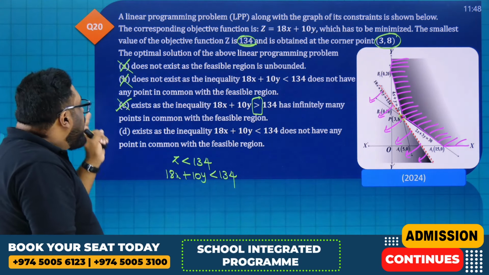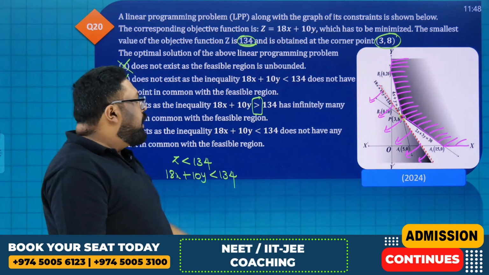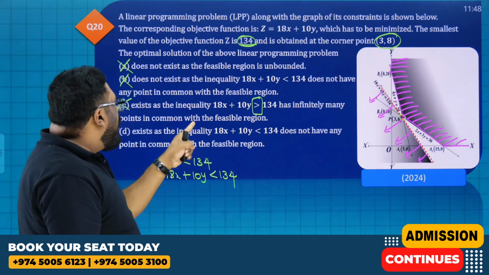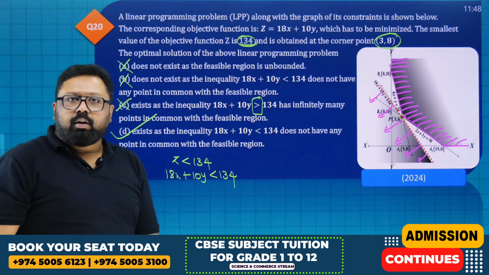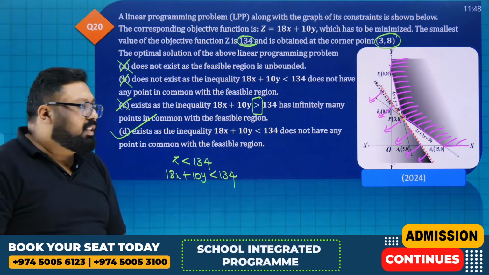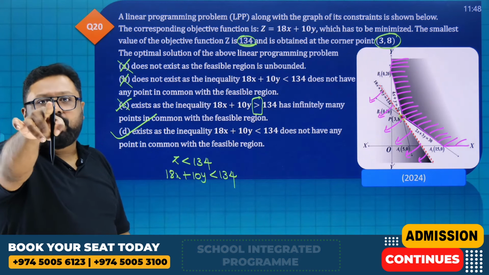Less than is what we want. Exists as the inequality 18x plus 10y less than 134 does not have any point in common with the feasible region. That is your answer. Got it, my dears? A very, very simple unbounded technique. This is a verification technique for an unbounded solution for a minimization problem.